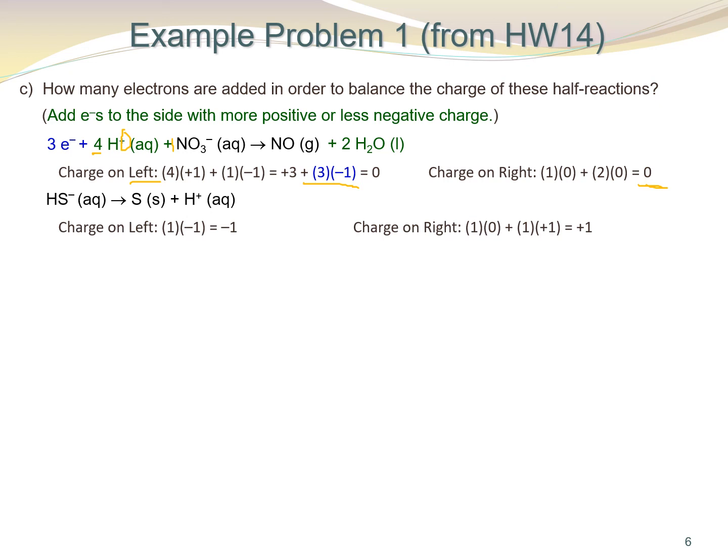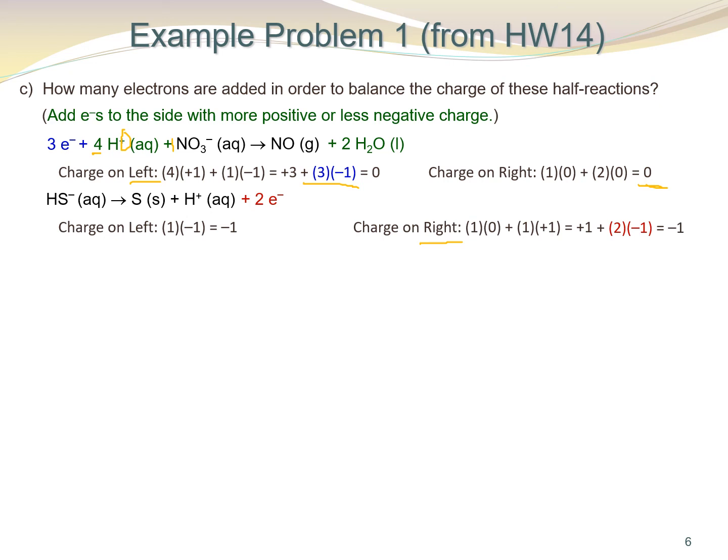So just how many negative charge do we need? -2. +1 plus -2 equals -1, indicating we're going to add 2 electrons on the right-hand side. In this way, we got the charge balanced. So we can report we add 3 electrons on the reactant side of the first half reaction, 2 electrons on the product side of the second half reaction.